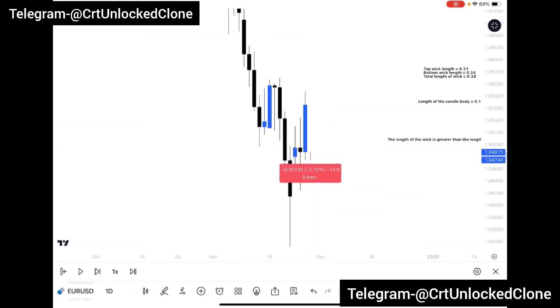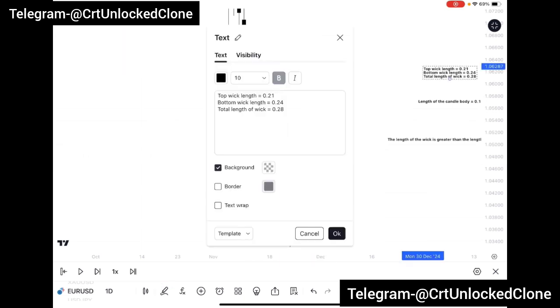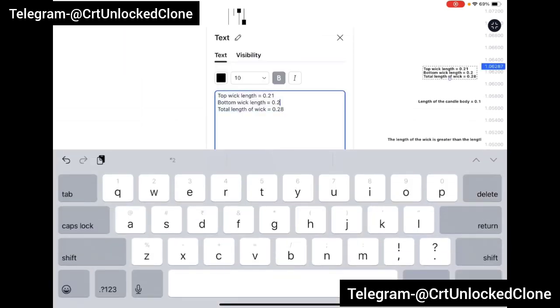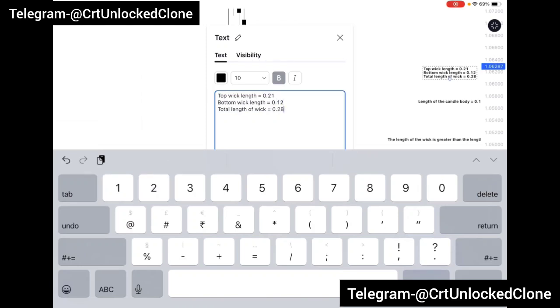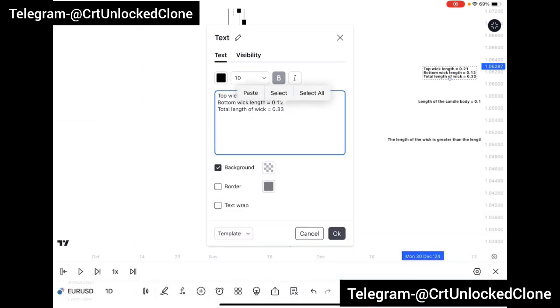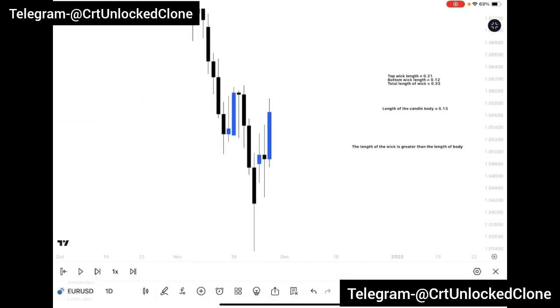The bottom wick length is 0.12. So total length of wick is 0.21 plus 0.12 is 0.33. Right? Yeah, right. So now we got the total length of the wick of this candle is 0.33.